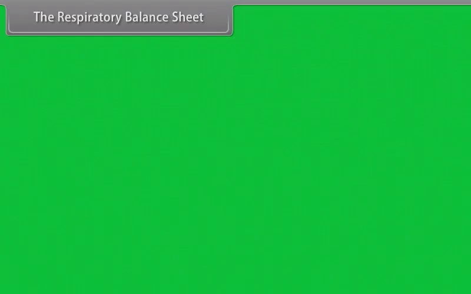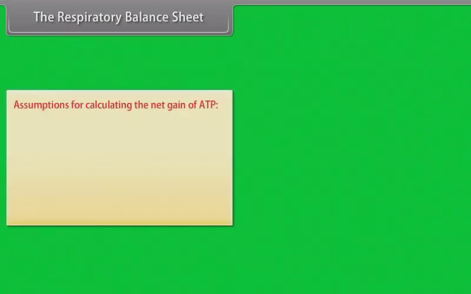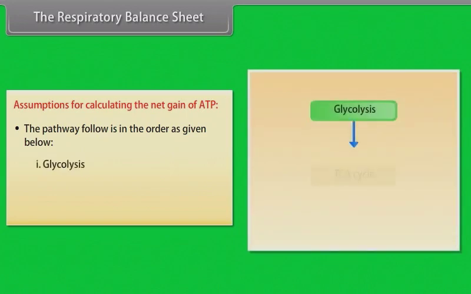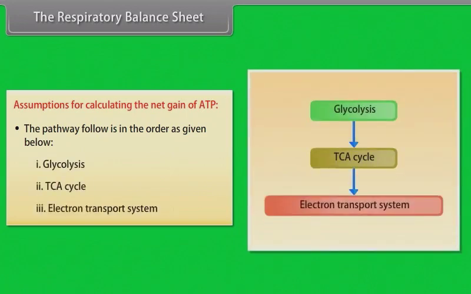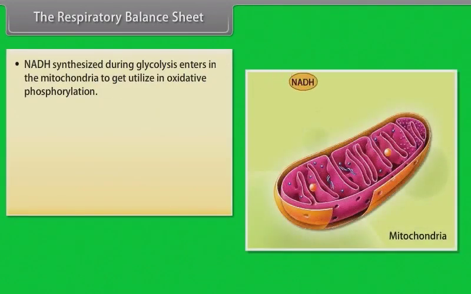The respiratory balance sheet. By using the respiratory balance sheet, we can calculate the net gain of ATP for each molecule of glucose oxidized. Assumptions for calculating the net gain of ATP. The pathway followed is in the order as given below: glycolysis, TCA cycle, and electron transport system. NADH synthesized during glycolysis enters the mitochondria to get utilized in oxidative phosphorylation.